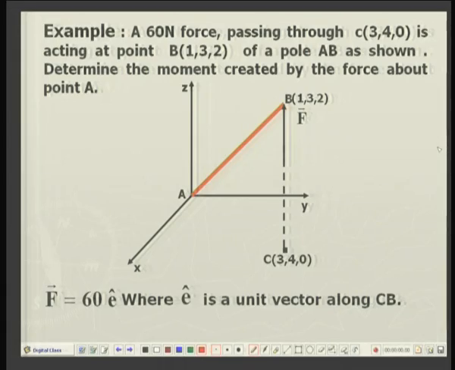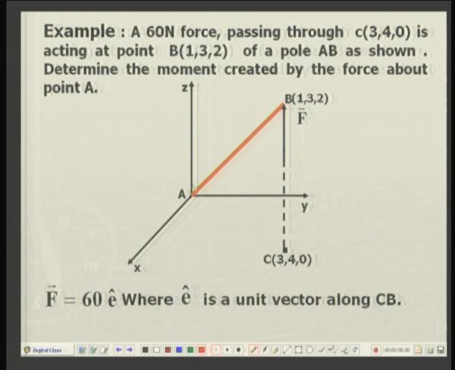Let me consider one example of how to take the moment of a force. For example, there is a force of 60 newtons passing through the point C, whose Cartesian coordinates are 3, 4, 0, and it is acting on the end of a rod AB.